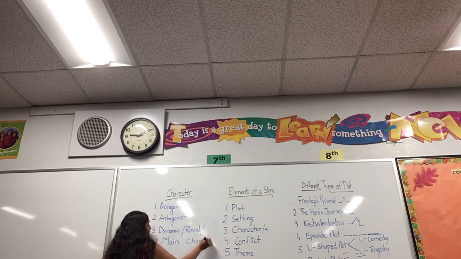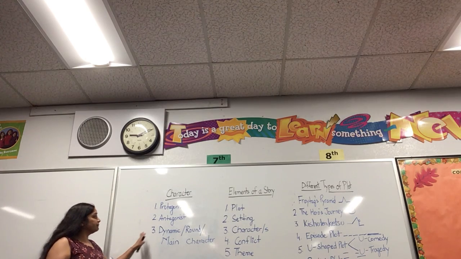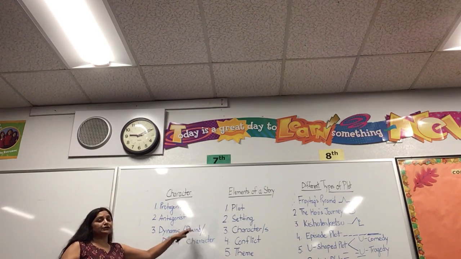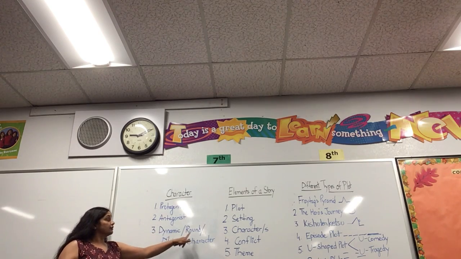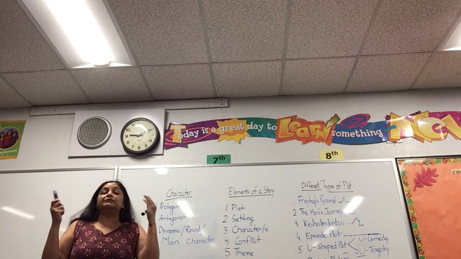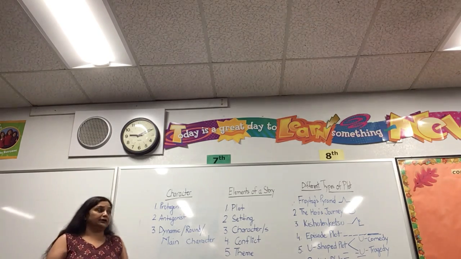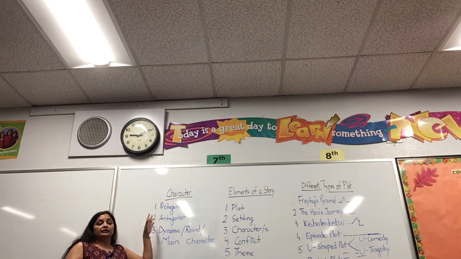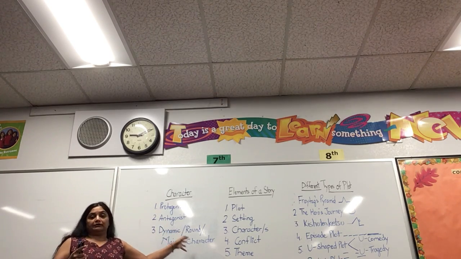Okay, I'm not trying to confuse you. That's the reason I use these slashes. So they are basically the same. Okay, when I say dynamic, round, main character, dynamic or round or main, it means these kinds of characters play a major role in the story. This character is the main person in the story, right?